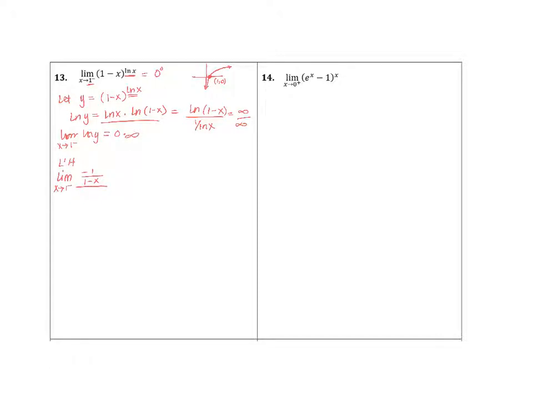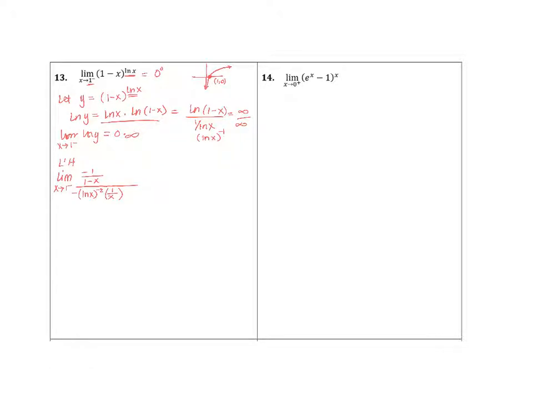And goodness, we can flip this over and write that to be natural log of x raised to the negative 1. So if I do that, that's going to be negative times natural log of x to the negative 2 times the derivative of the inside, which is going to give us 1 over x. All right, now let's see.